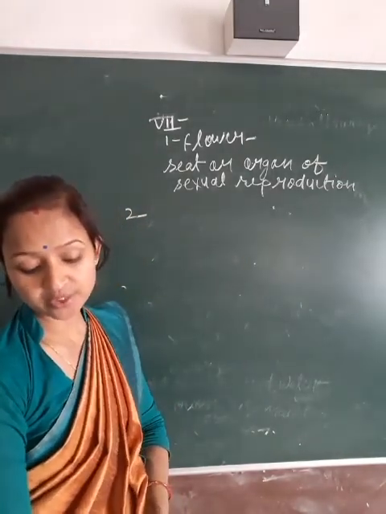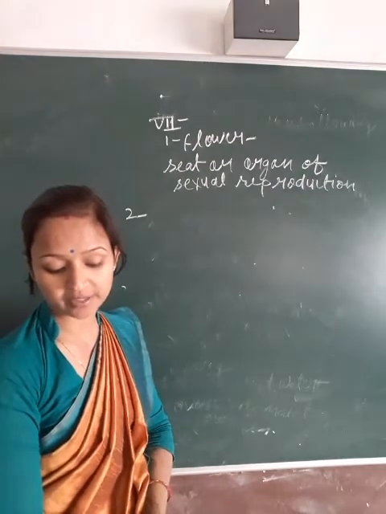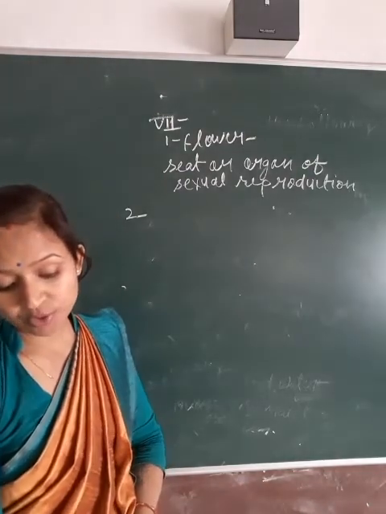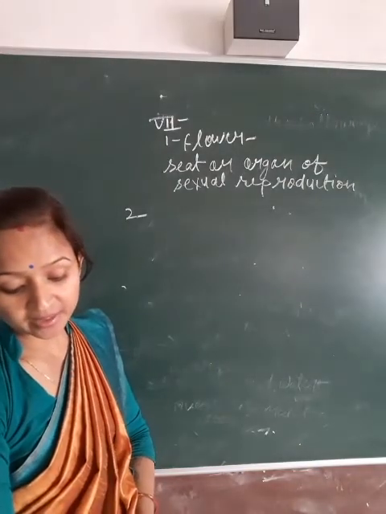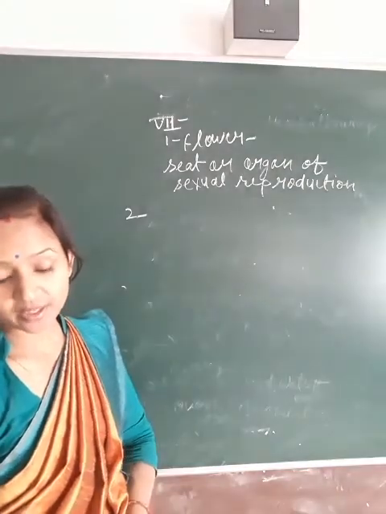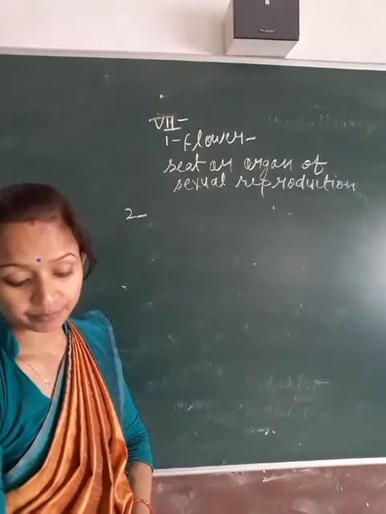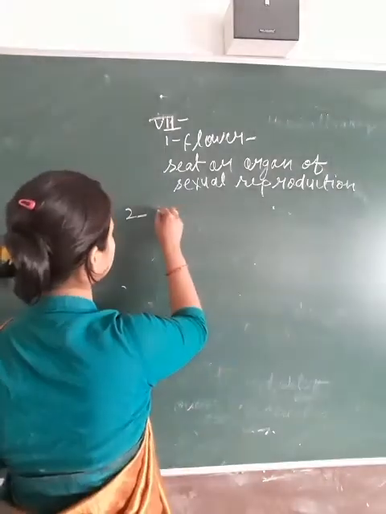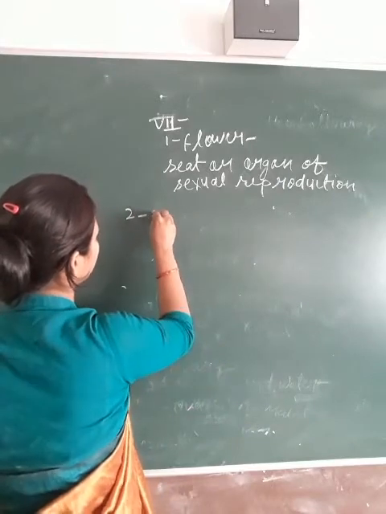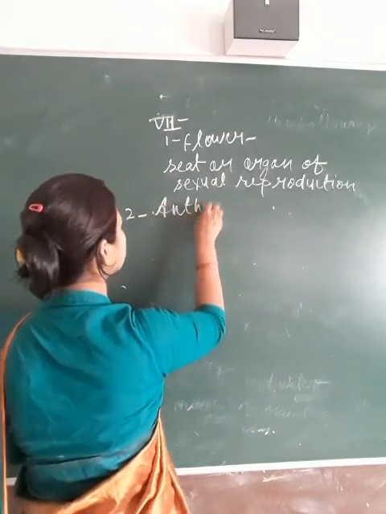Anther is a solid structure present on the tip of the filament. The anther produces a powdery substance called pollen grain.